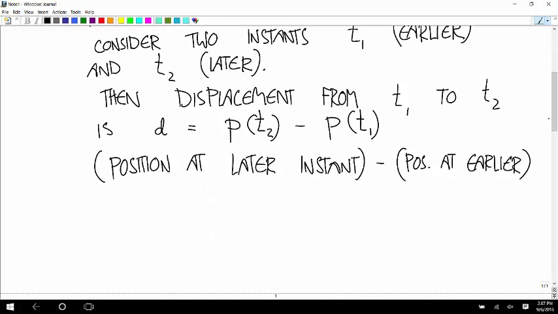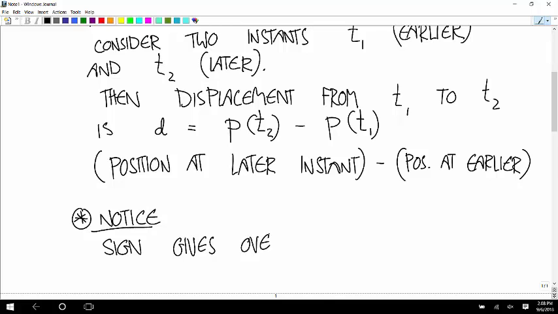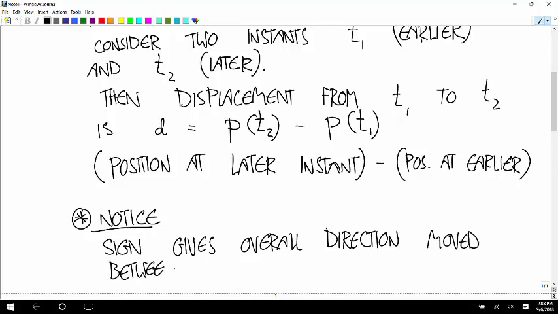And one thing to notice about this, I'm going to do an example right after this where we'll see how this works, but notice the sign gives the overall direction moved between T1 and T2.